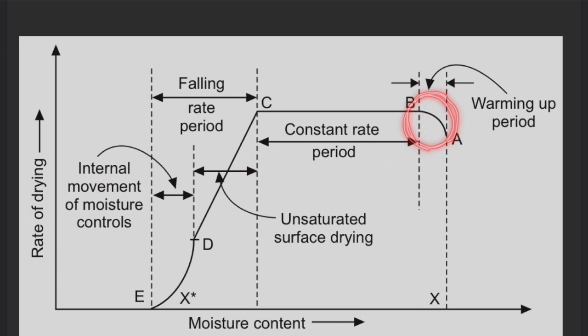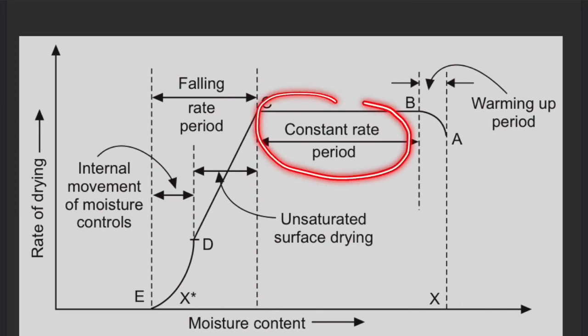Once that temperature is achieved at point B, we will have a constant rate period. That means here the rate is not a function of moisture content, because these are mostly unbound moisture, available on the surface of the solid.